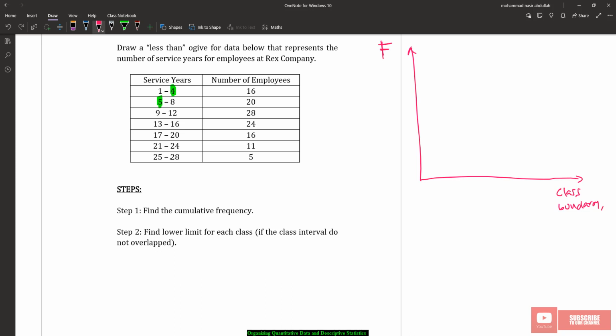As compared to a histogram, the y-axis represents frequency and the x-axis represents class boundary. But for Ogive, the y-axis represents cumulative frequency and the x-axis represents class boundary. Very simple, easy to remember. So now we need to find the class boundary.